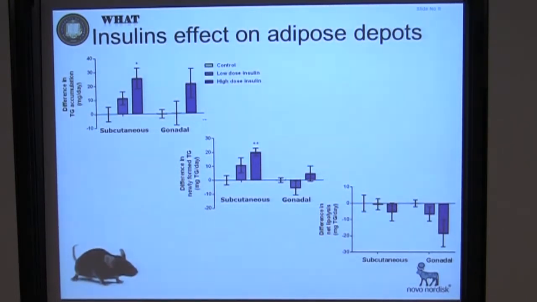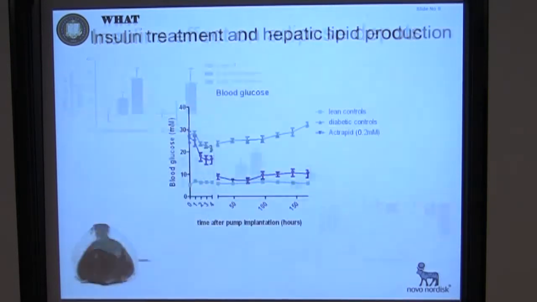We can see that in the subcutaneous depot there is hardly any difference in lipolysis rates, whereas there is less lipolysis going on in the gonadal depots. So without heavy water labeling, we're only able to see that there was an accumulation of fat mass, but with heavy water labeling we could distinguish between two different mechanisms.